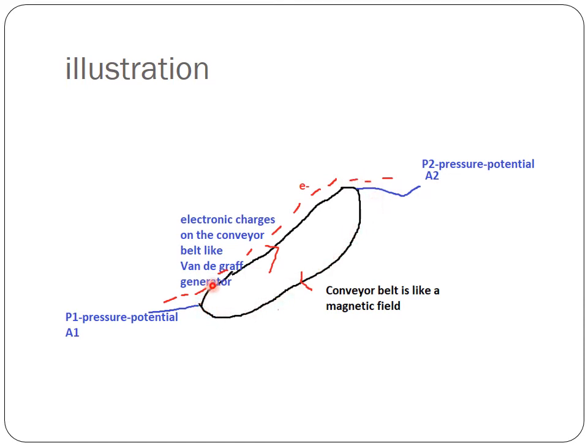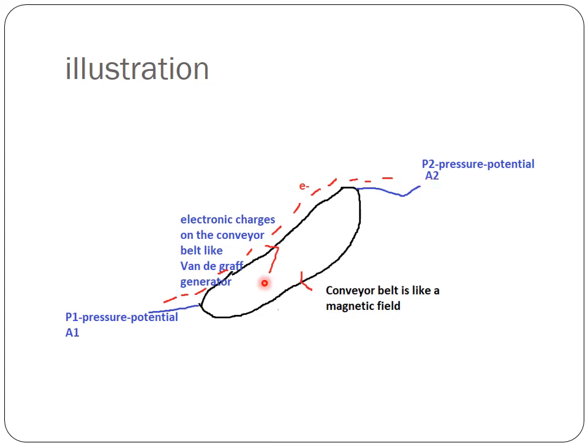The magnetic field is not doing any work. Whatever the upward motion is, it is balanced by the downward motion. Therefore, the magnetic field is not doing any work, except just transporting the electrons from low potential to high potential, just like flux causes induction in the secondary coil in the power transformer. So it's similar to that. So this is my illustration.